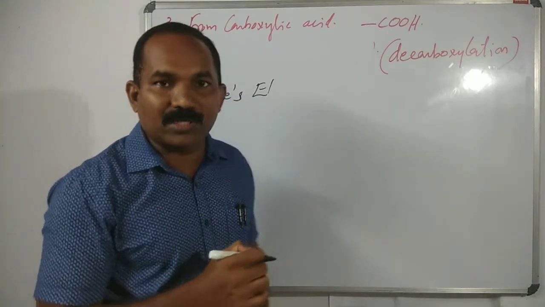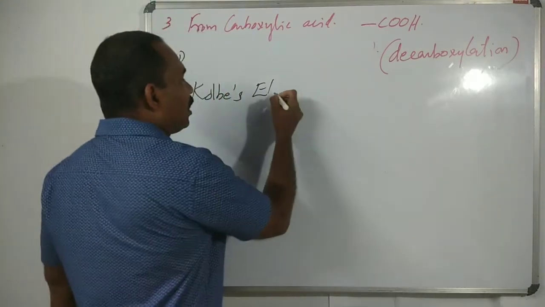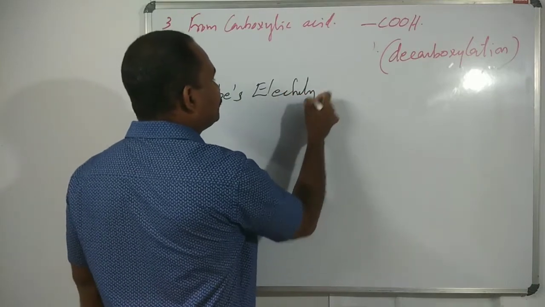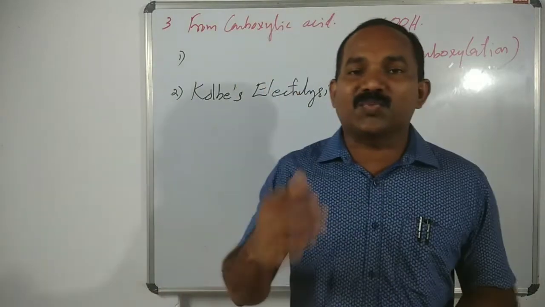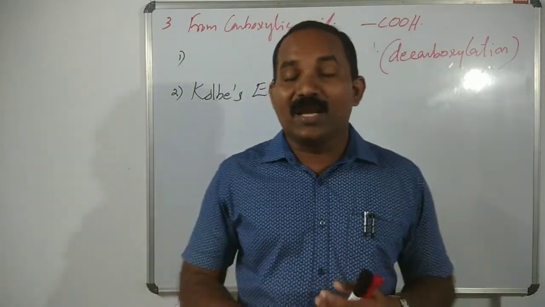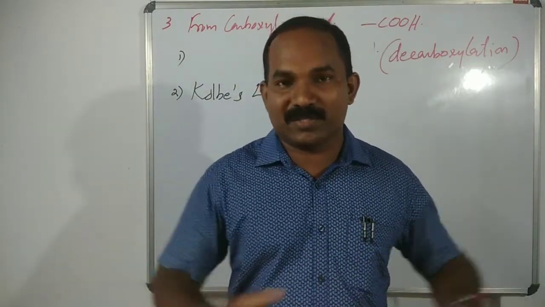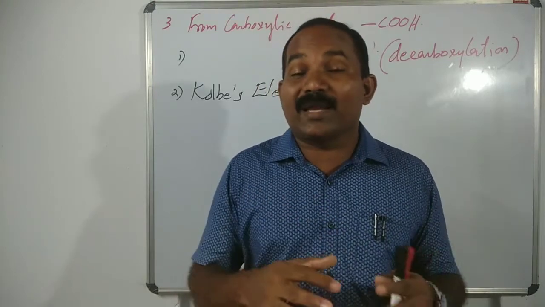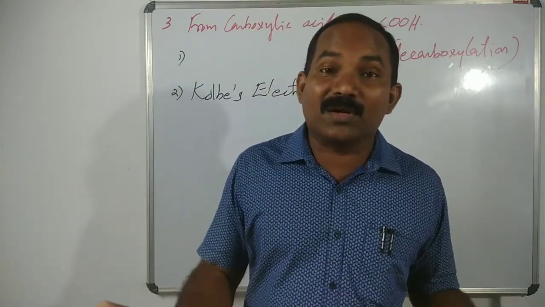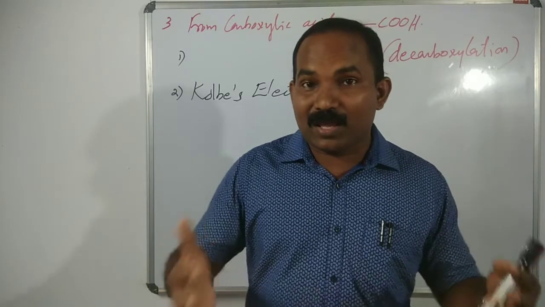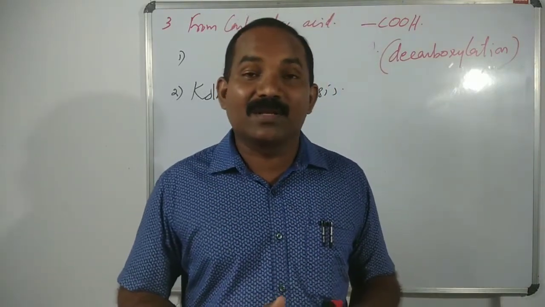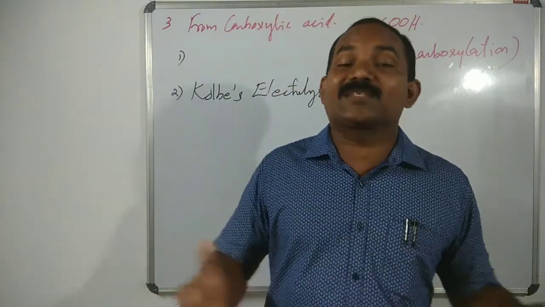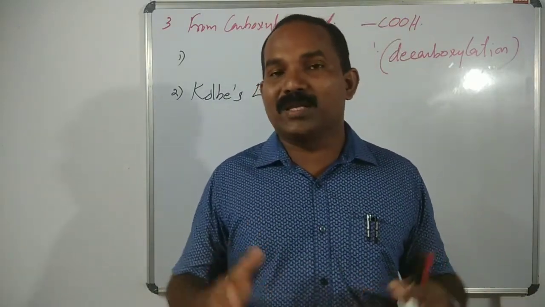Some teachers pronounce it Kolbe. What is electrolysis? Electricity is passed through the electrolyte. The electrolyte decomposes and gives products. So when electricity is passing through the electrolyte, products are formed. That is called electrolysis.